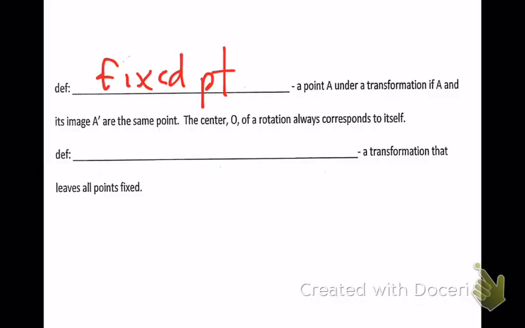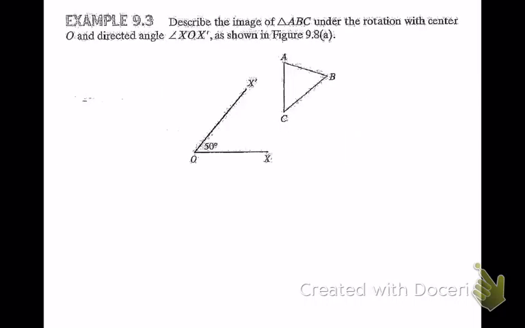The center O of rotation always corresponds to itself. Then we have the identity transformation, which is a transformation that leaves all points fixed. So we have this example here.